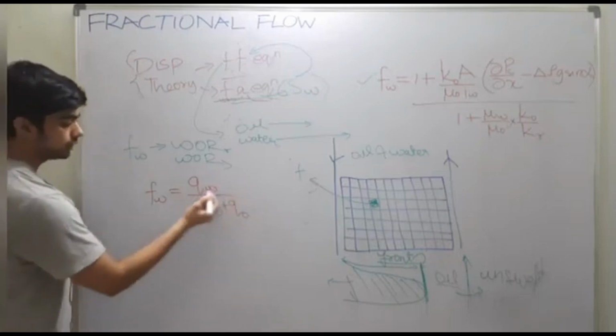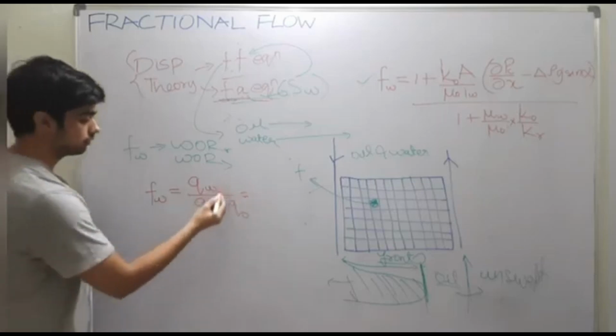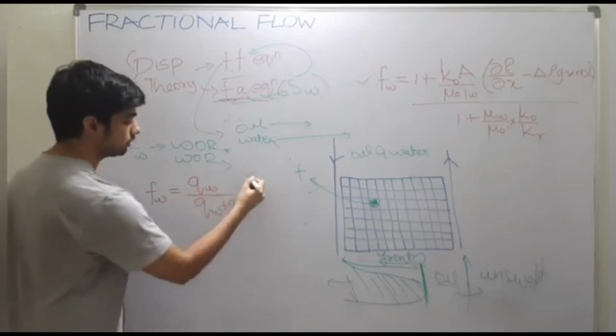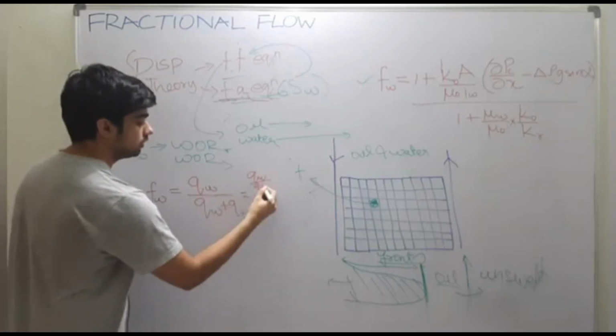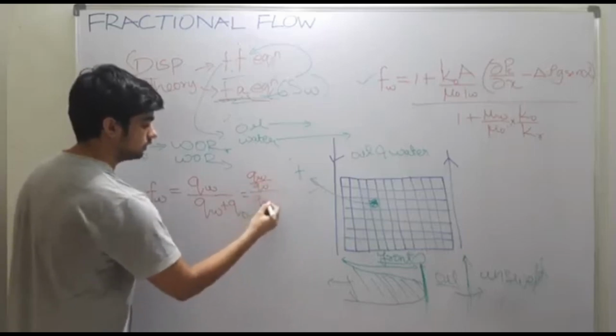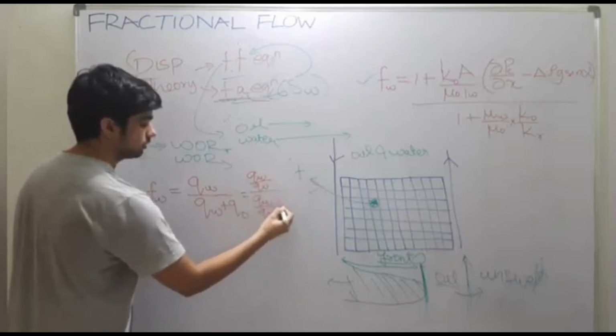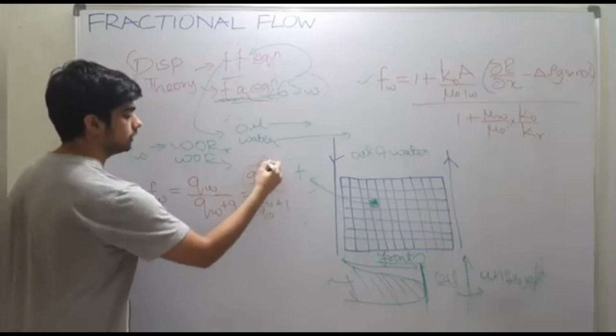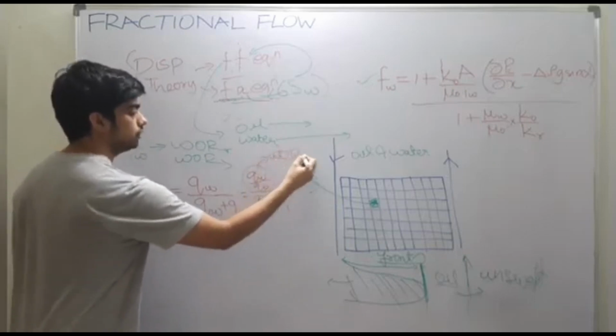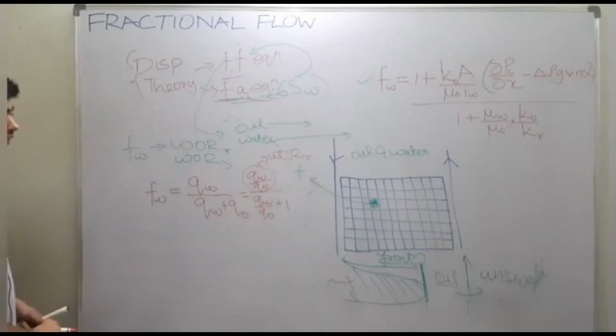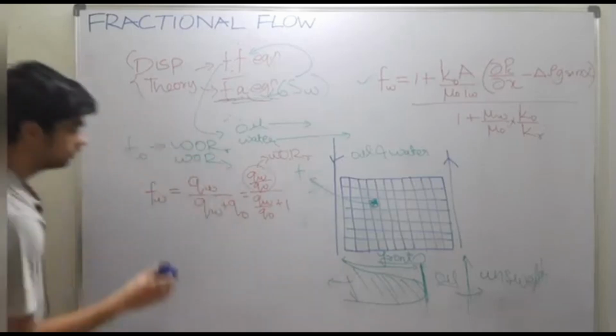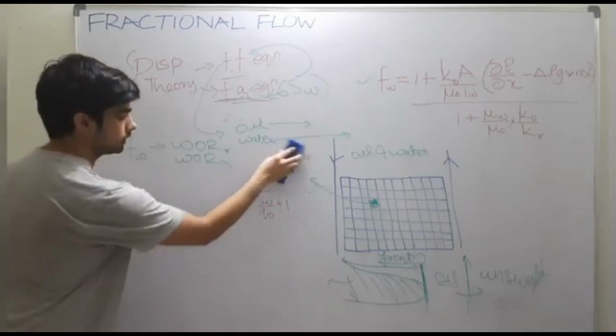Now if we divide both numerator and denominator by QO, this is what we will obtain, and we can replace this by the water oil ratio at reservoir. So similar easy questions can be asked.